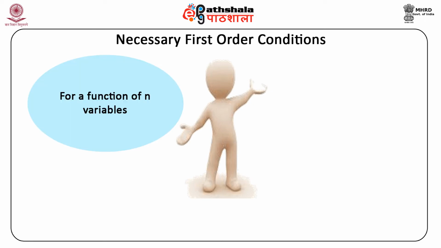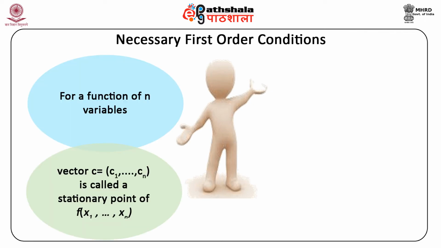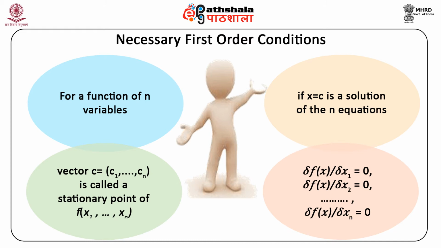For a function of n variables, vector C equal to C1 going till Cn is called a stationary point of function f of x1 till xn if x equal to c is a solution of the n equations: first derivative of f with respect to x1 equal to 0, going till the last derivative of f with respect to xn equal to 0.